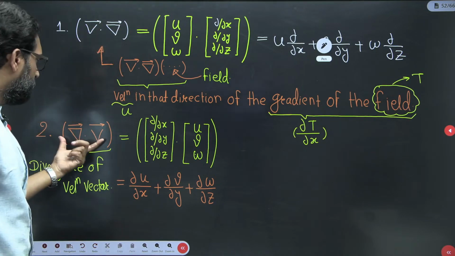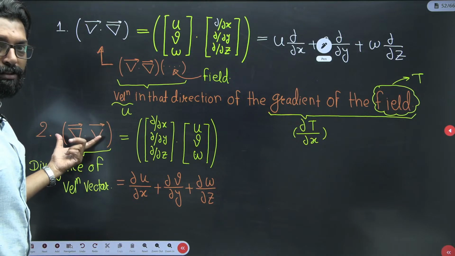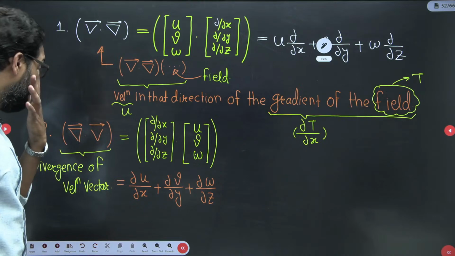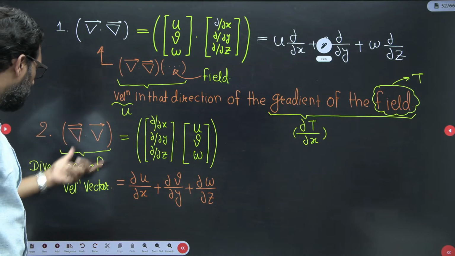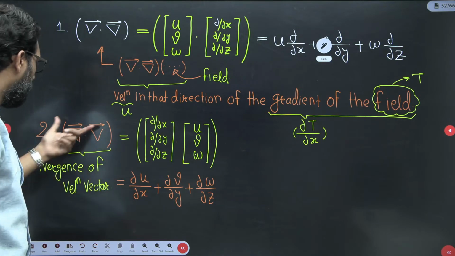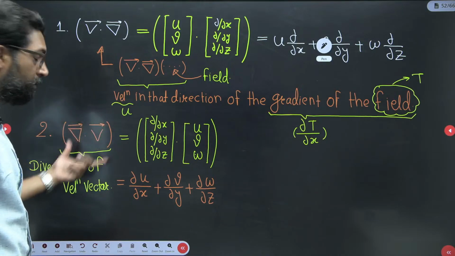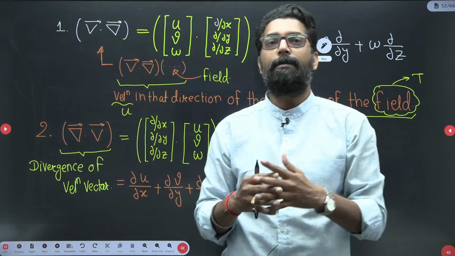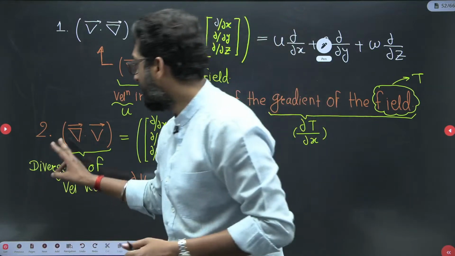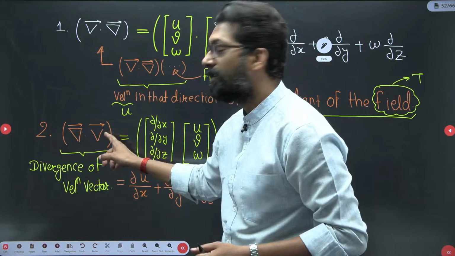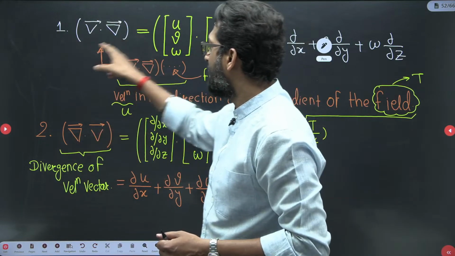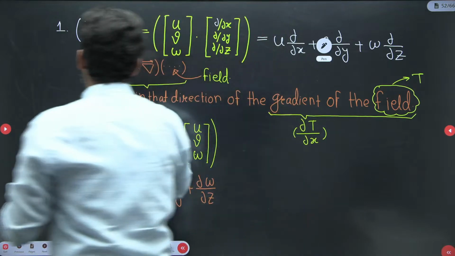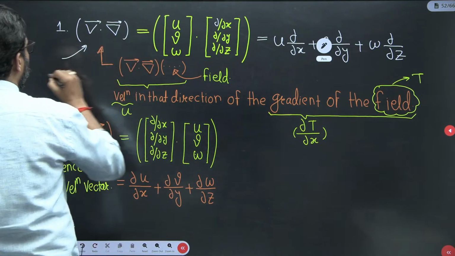If you take the continuity equation, this term is there. For an incompressible fluid, the volumetric strain must be 0. That means del dot V is 0.